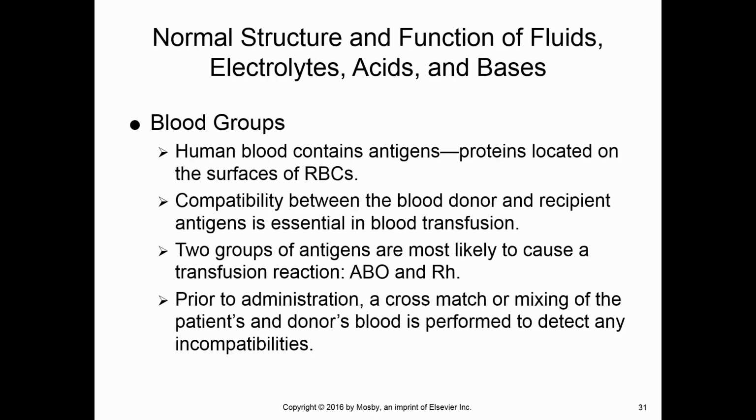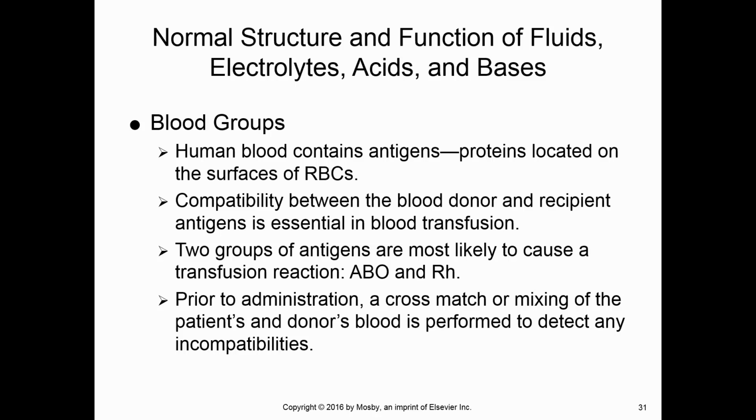Now, when we talk about fluids and electrolytes, we also need to talk about our blood groups. This is probably a review for you guys. This is typing whether or not we're A, B, or O blood types, and whether or not we are Rh positive or Rh negative. For the ABO typing, we determine that by the presence of the antigens on the red blood cells.